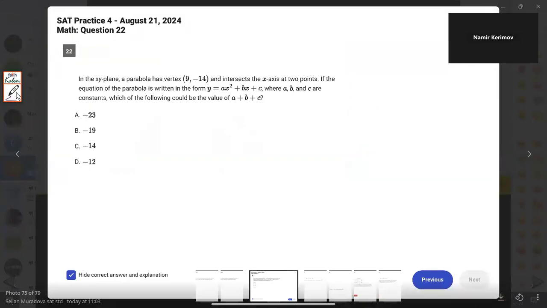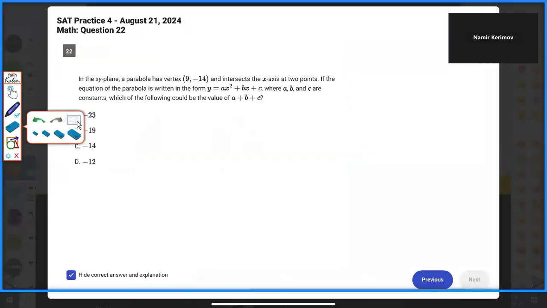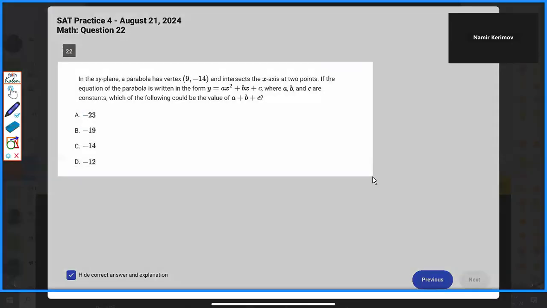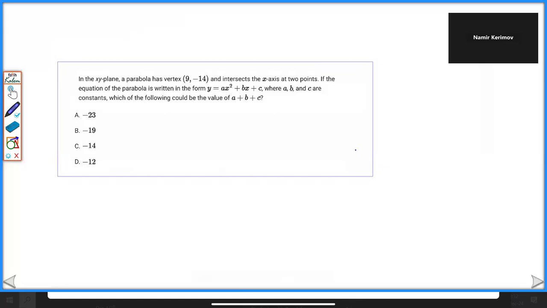And the other one, this one, I know A because x is 1, right? One of the methods is finding one value and then getting the other values. But here, we know that there are two x-intercepts, right?